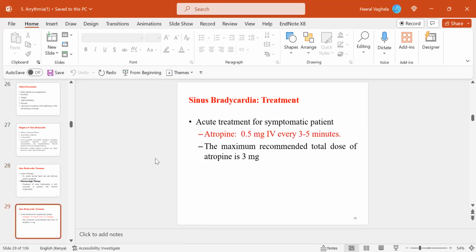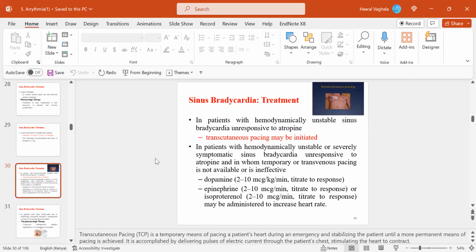So the mainstay, that's for your acute treatment, would be giving atropine because we know atropine increases heart rate. But if the patient is hemodynamically unstable, then you give medications like dopamine and epinephrine.